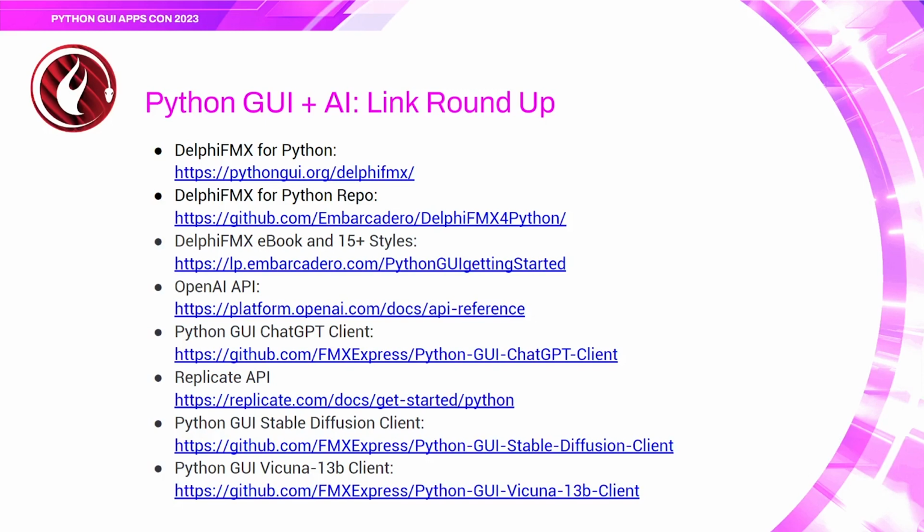So what's cool about replicate is you can just swap out that version of Vicuna 13b, and you can slot in Stable Diffusion ML or one of the other models that they host, and you're instantly switched over to that. So it's really nice from my perspective that you can access a bunch of different models, or on the Stable Diffusion side, you can swap out Edge of Realism or any of the other models that they host, or you can actually create your own models and host them there as well.